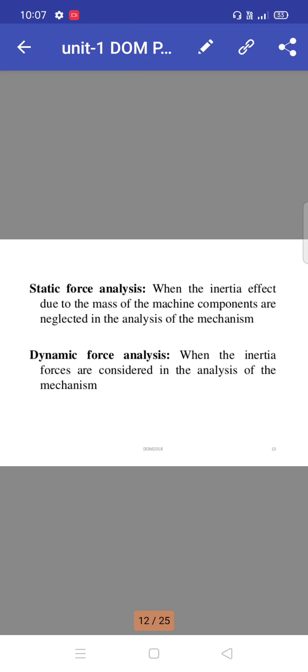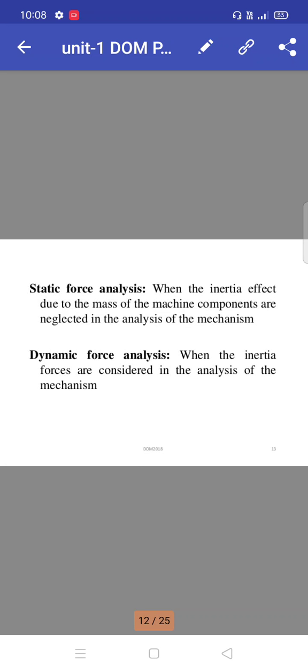Then dynamic force analysis. When the inertia forces are considered in the analysis of the mechanism, that is dynamic force analysis. Static force analysis means the analysis of force in stationary conditions of the equipment or component.